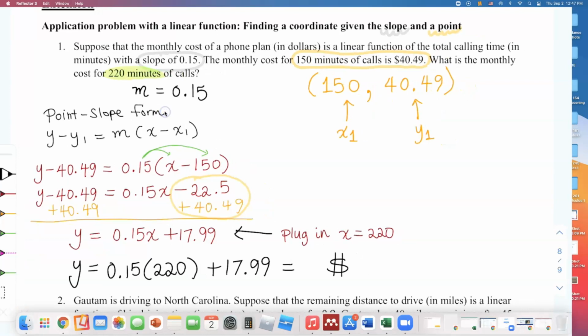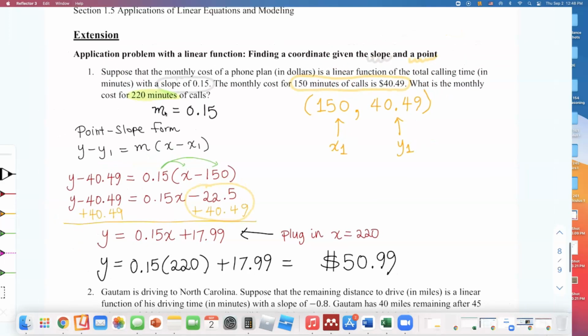So that is how I would do this, $50.99. But you know, Alex may explain it slightly differently. So if you like that method better, come back and let me know. I was seeing that there's 2 ways to do this. We can use just the slope, but I wanted the whole equation because I wanted to know what is that initial fee that we have to pay no matter how many minutes we're using.